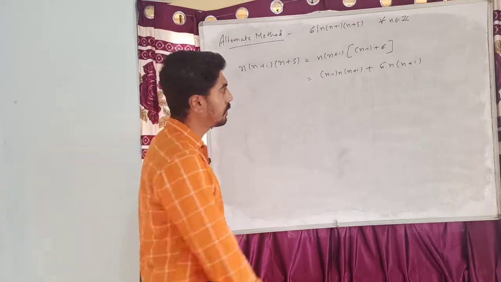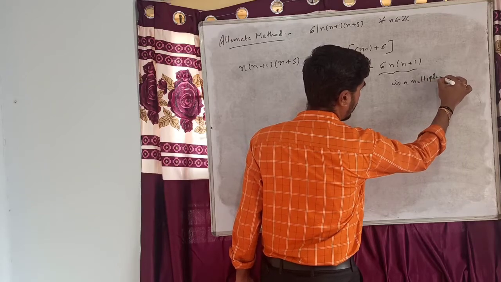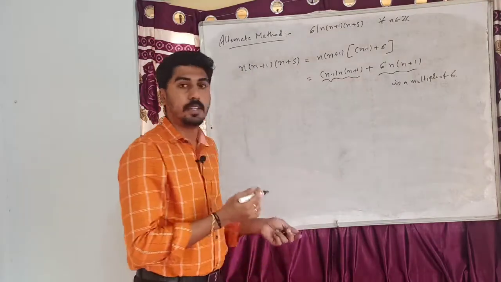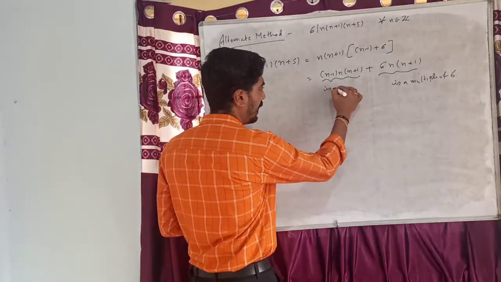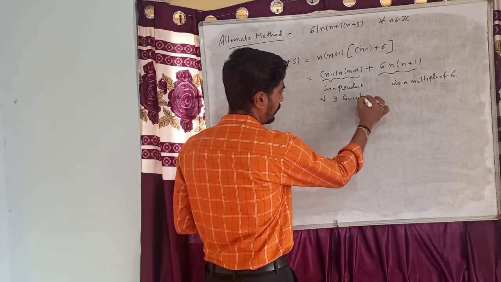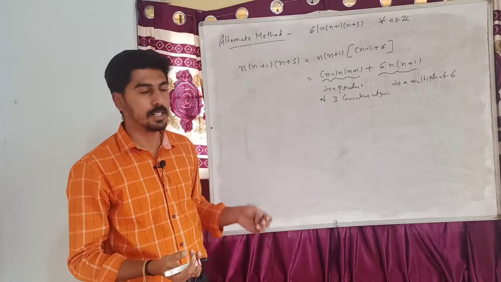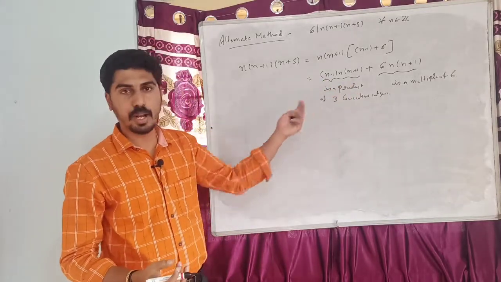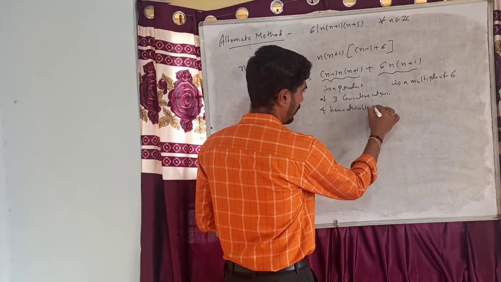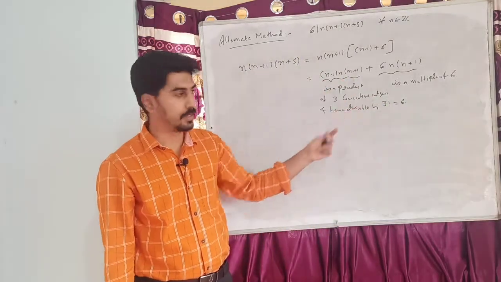In this sum, the second term is a multiple of 6 and the first term is a product of 3 consecutive integers. Therefore, by the result we stated earlier, this product will be divisible by 3 factorial, which is equal to 6.